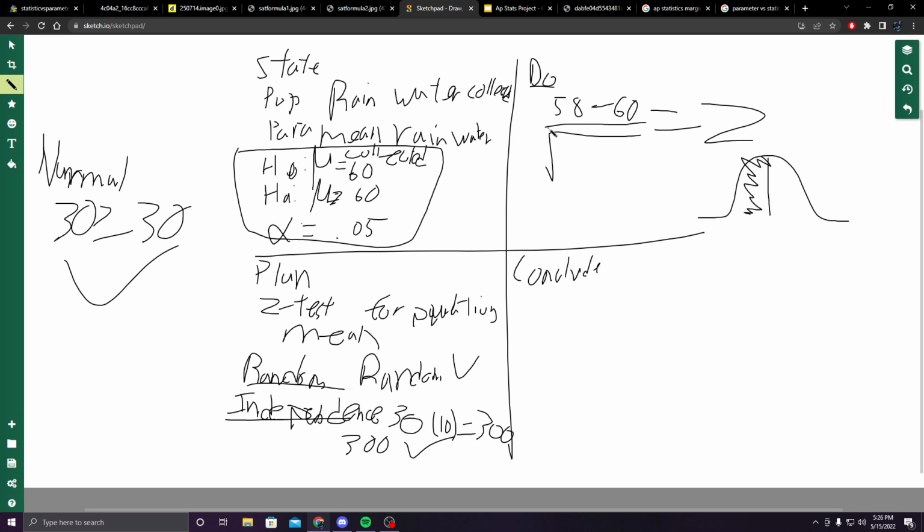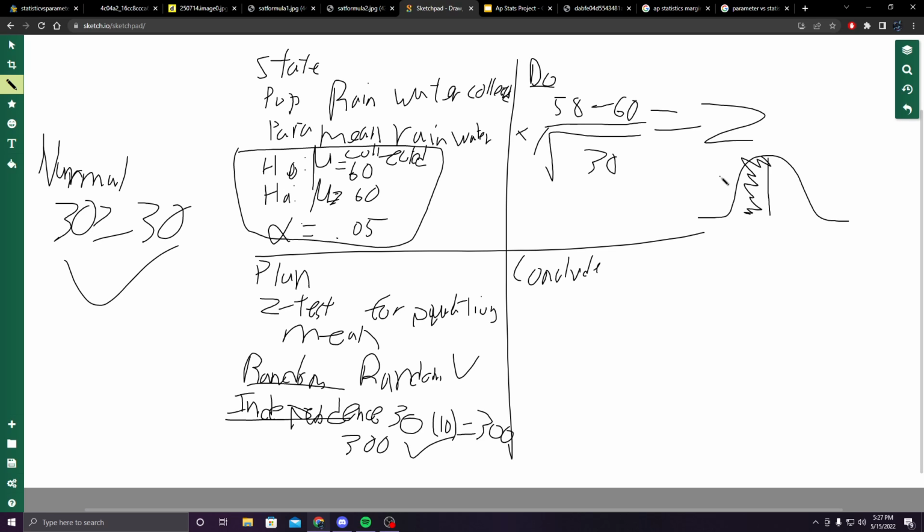This is just the standard deviation, which I don't have because I made up this problem, over the square root of 30. Where was I? Yeah, it's to the left of it, so anything less than. If you want anything greater than that, then you would have to do 1 minus that number.